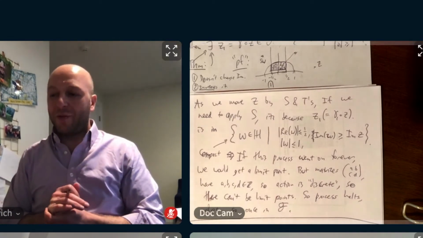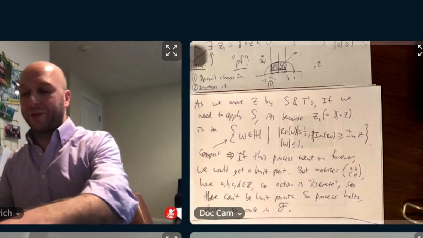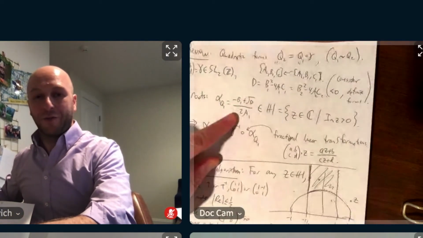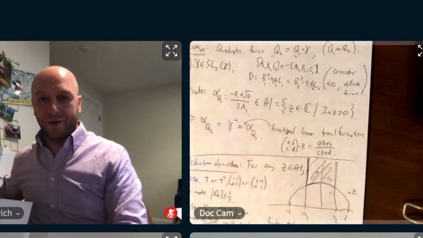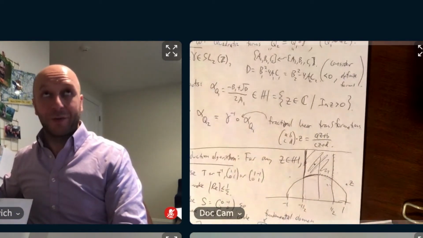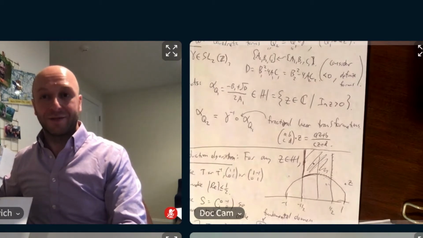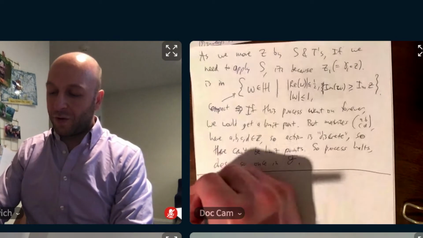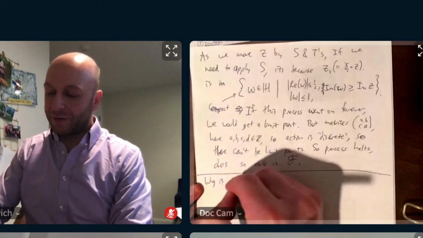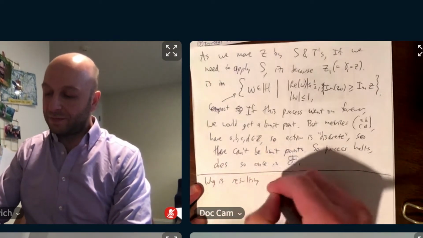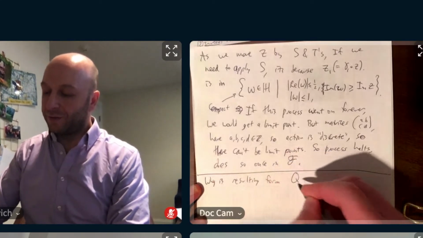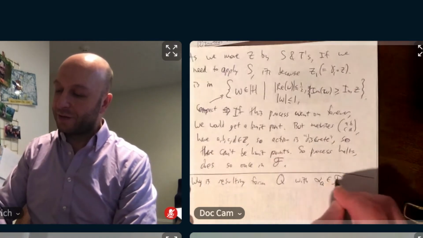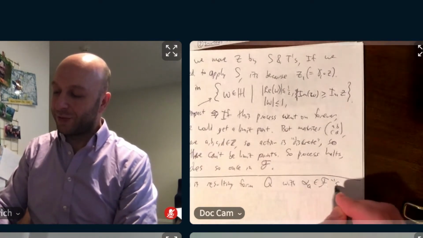I claimed that when we did this, not for arbitrary complex numbers, but in particular for the ones that are roots of binary quadratic forms, we got a simpler quadratic form. So I want to make that concept precise. Okay? So the resulting form, let's call it Q, with root in this fundamental region, is simplest, or reduced.